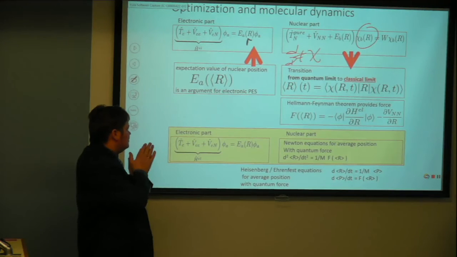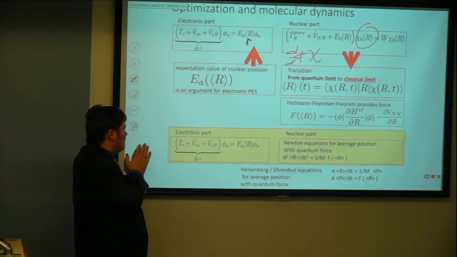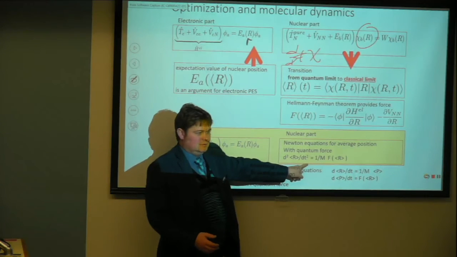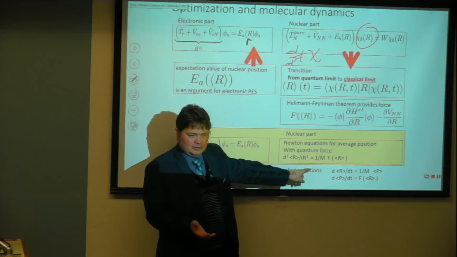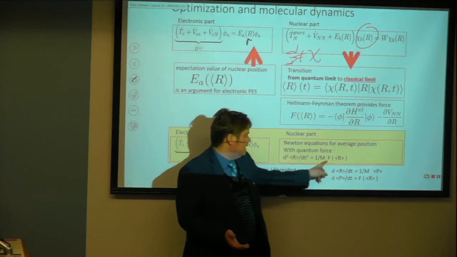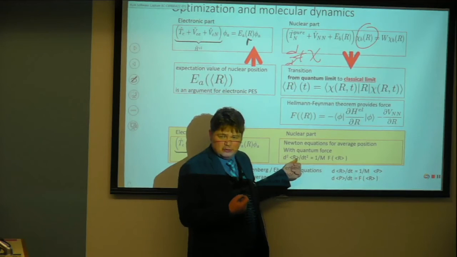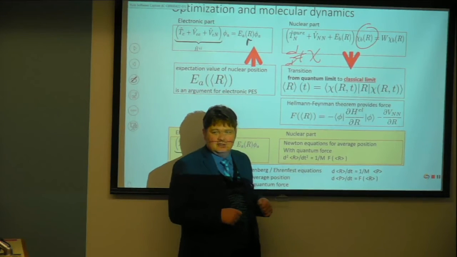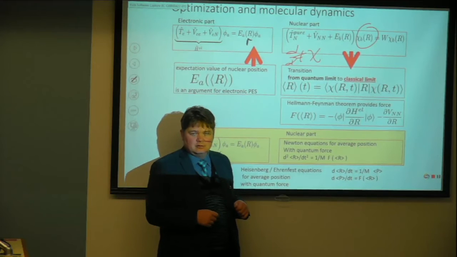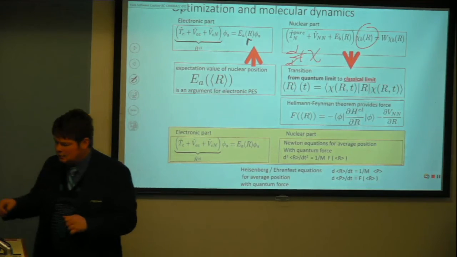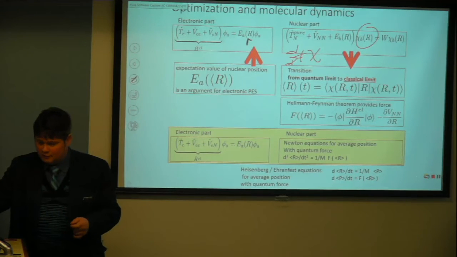So, you did derive this equation, well, all together. So it's like Newton's equation of motion, but it is for the expectation value of the position of each nucleus. Let me quickly write down, because of the question.